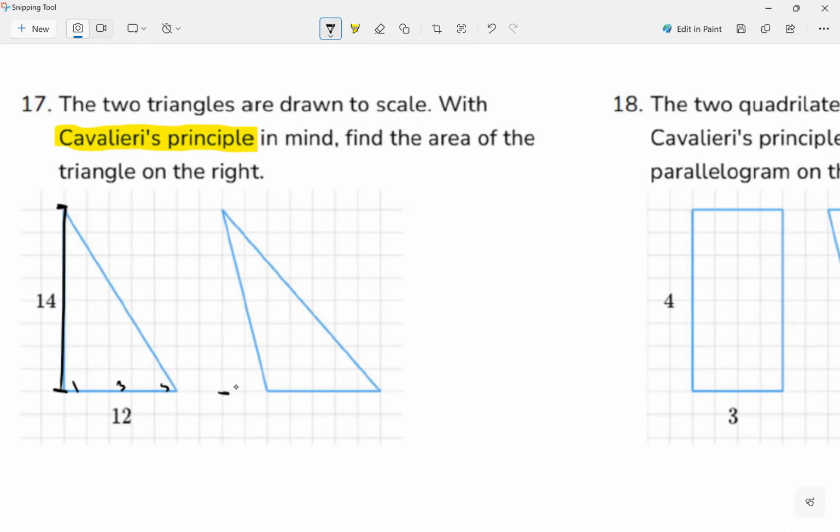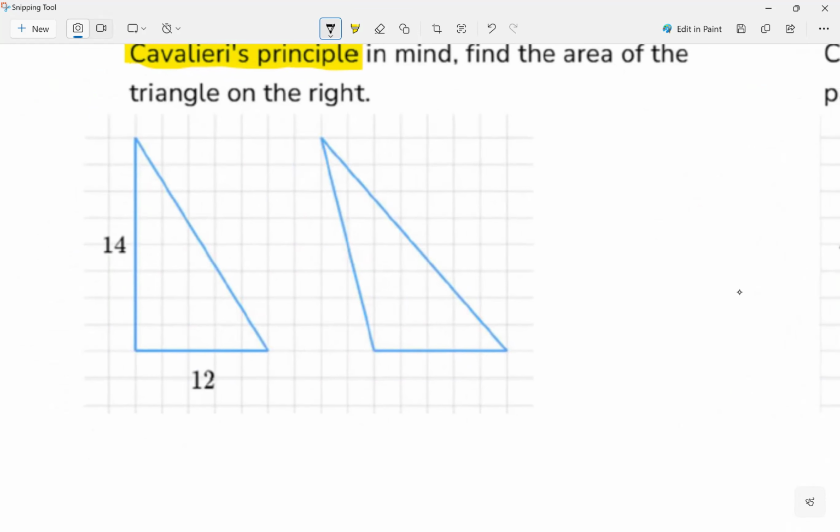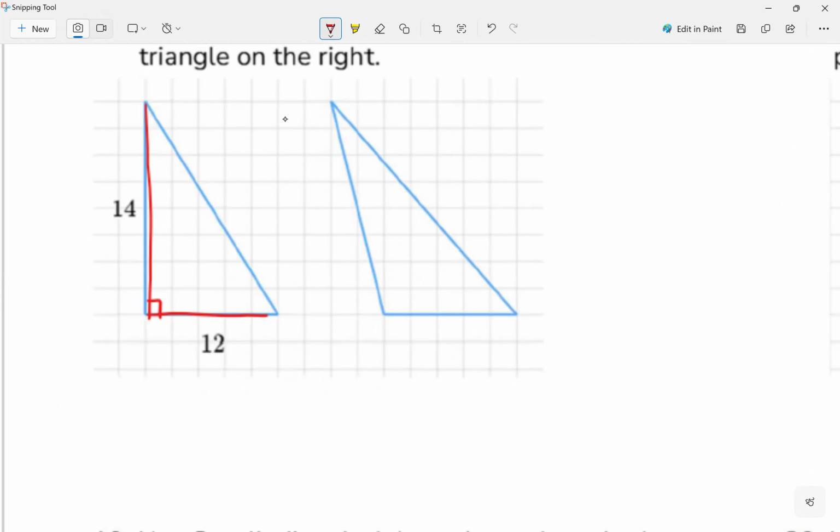So here they're asking what's the area of the triangle on the right? Well, I'm going to solve for the triangle on the left. If I get the area of the triangle on the left, then I know the area of the triangle on the right. Now, I see this 12 and this 14 make a 90-degree angle here. And I remembered for triangles, for the area of a triangle, I have to multiply these two numbers. So 12 times 14.